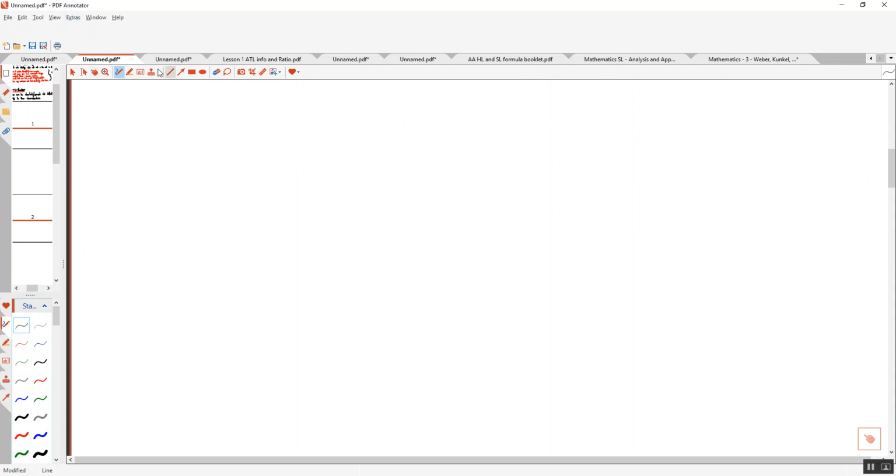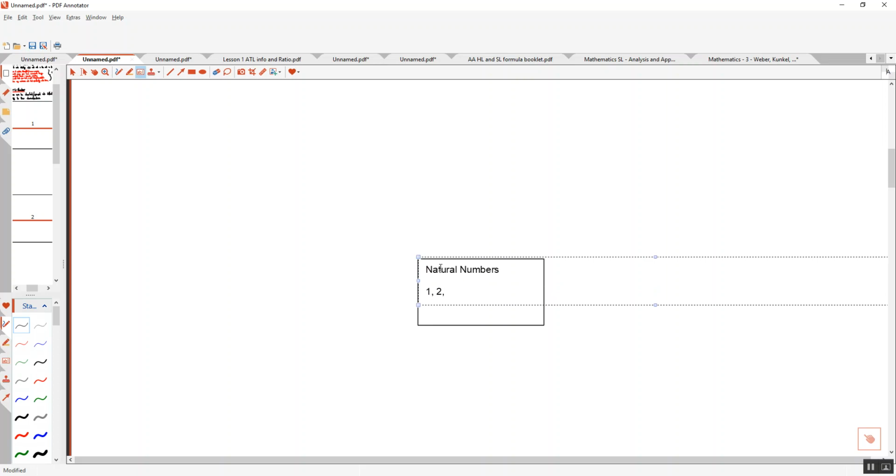Okay, now I'm going to draw this out. You may want to wait until the very end to draw it. So the first one we've got is natural numbers. And as an example, we've got 1, 2, 3, 4, 5, those are our natural numbers.